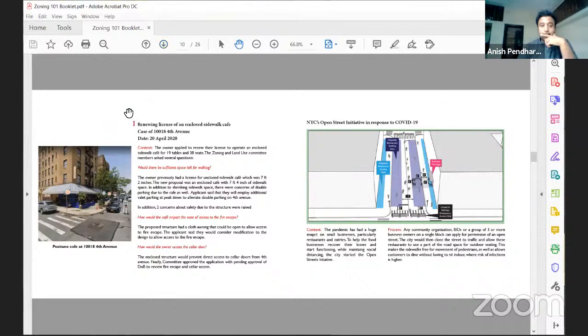Then I took some case studies from the past meetings about sidewalk cafes. So the case of Fourth Avenue, where the board was renewing a license of an enclosed sidewalk cafe. What questions did the board ask, and how did the owner respond to that?